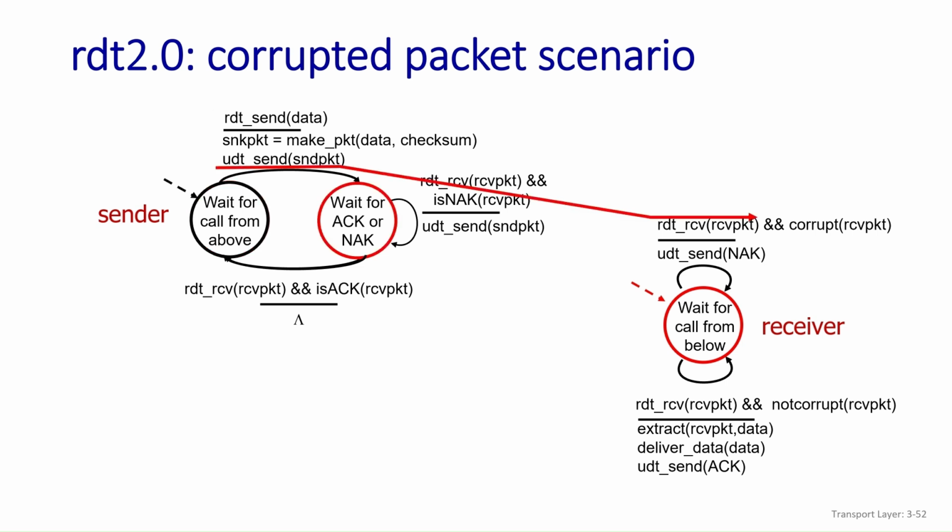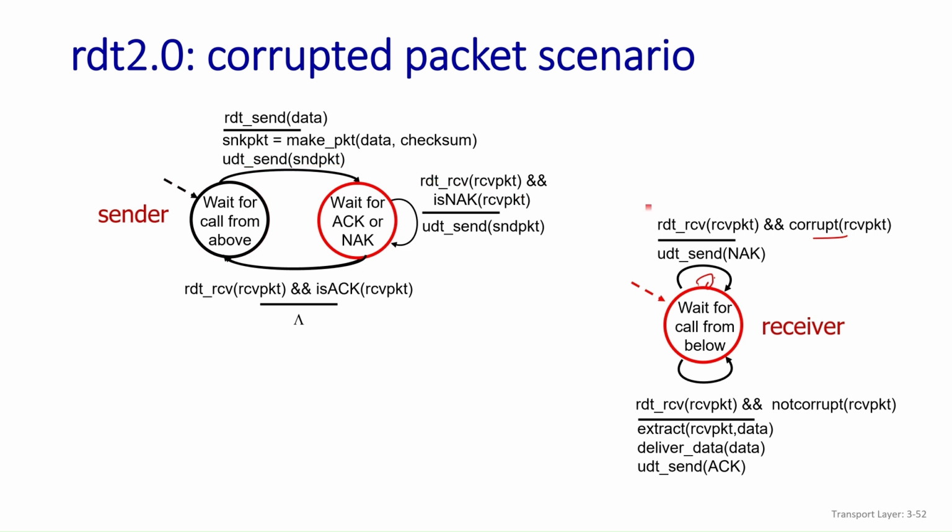After sending, we make a transition to wait for ACK or NAK. And on the receiver side, the event is that the receiver receives a packet and we're assuming the packet is corrupt. In this case, the receiver will send a negative acknowledgement and make a transition back to this state.